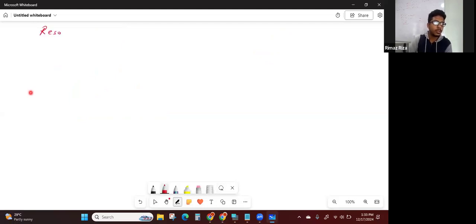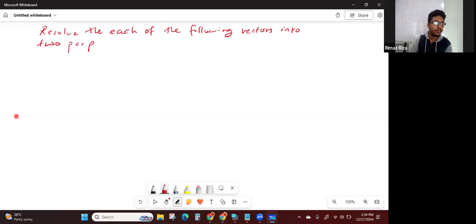Okay, so the question is: resolve each of the following vectors into two perpendicular components.